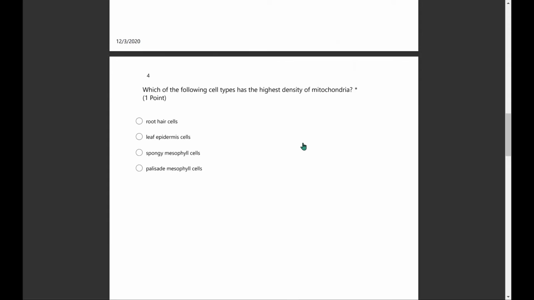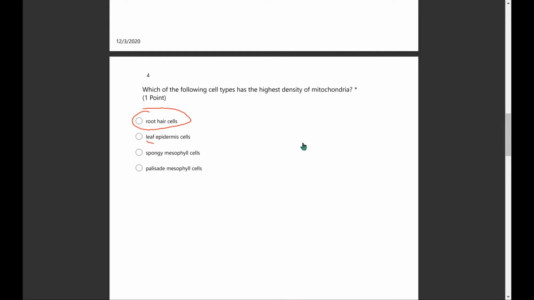Question 4, which of the following cell types has the highest density of mitochondria? It must be root hair cells. As just mentioned, root hair cells have lots of mitochondria in order to perform active transport, to absorb more minerals.